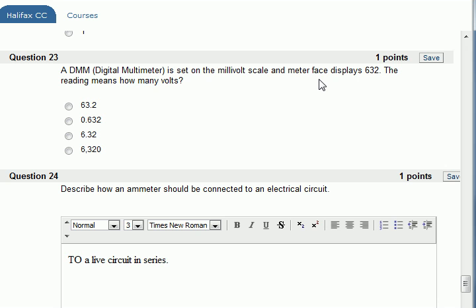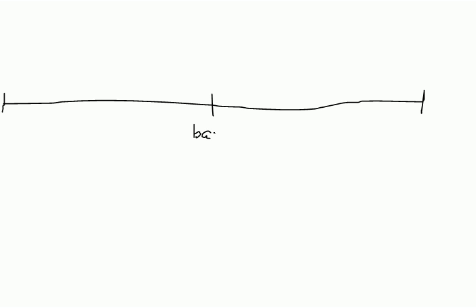But the very best way I can explain this to you is to look at it on a scale. Okay? Where your base unit is here, whether that be ohms, whether that be amps, or whether that be voltage, you've got a base unit. Okay?